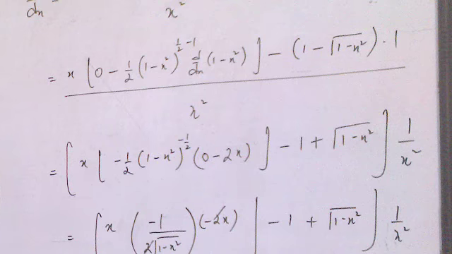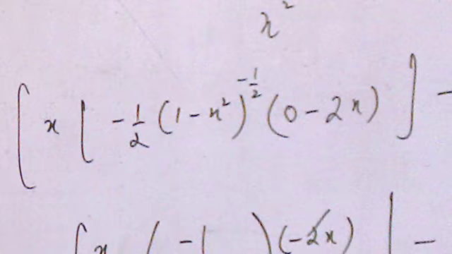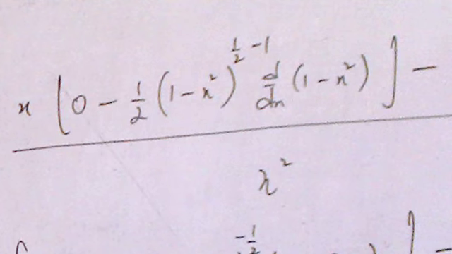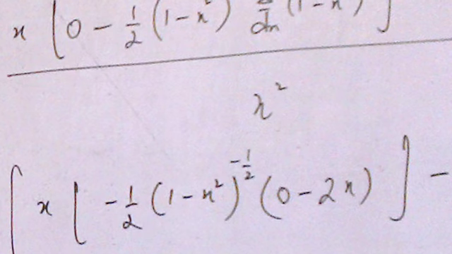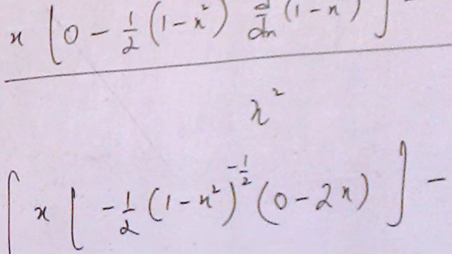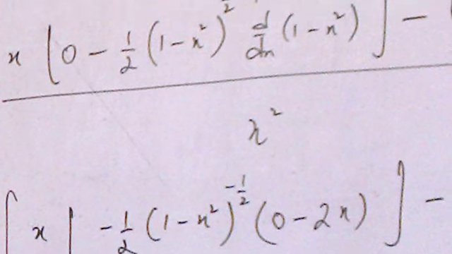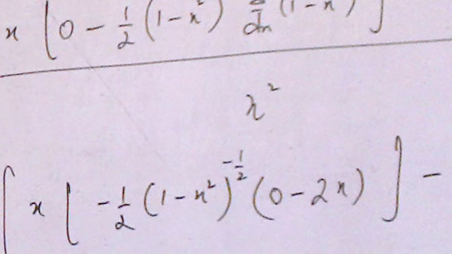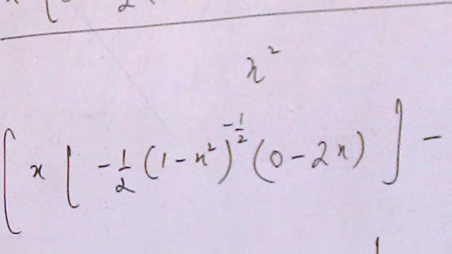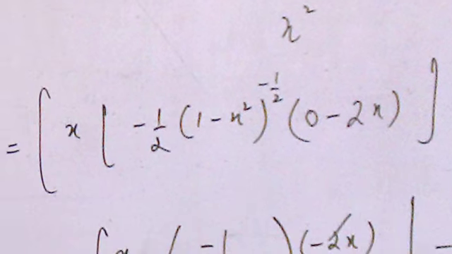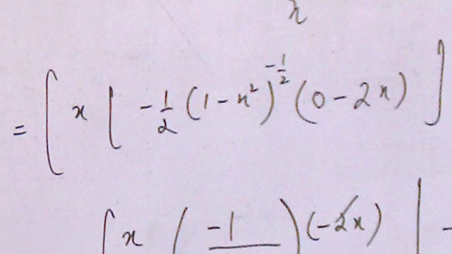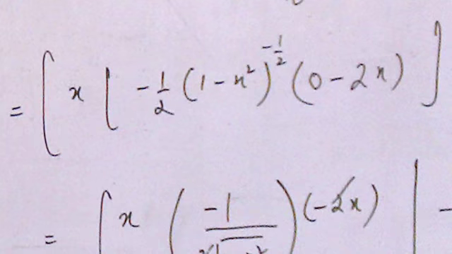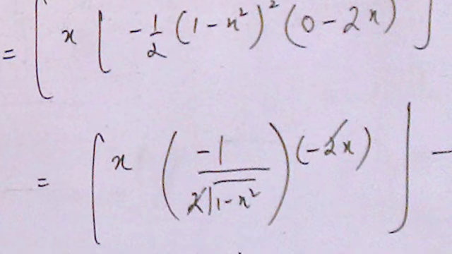Now we arrange these values. Now derivative of 1 is 0 and derivative of x square is 2x, because the formula is n minus 1, n is 2x, and power is 2 minus 1, it is 1. Now we cut this 2 by the 2, and minus times minus is plus.